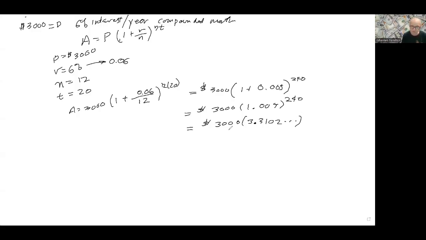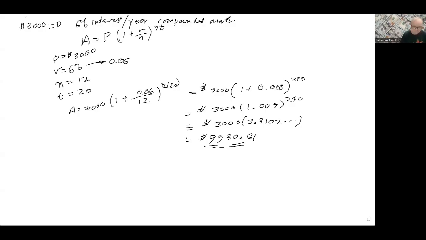And now I'll multiply by the 3,000, and I will get $9,930.61. And that would be my final answer. So after 20 years, my $3,000 investment has become $9,930.61.